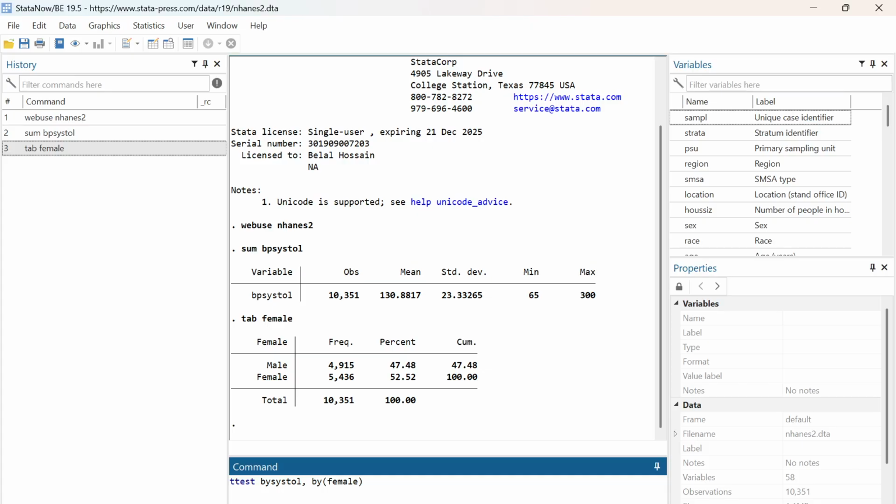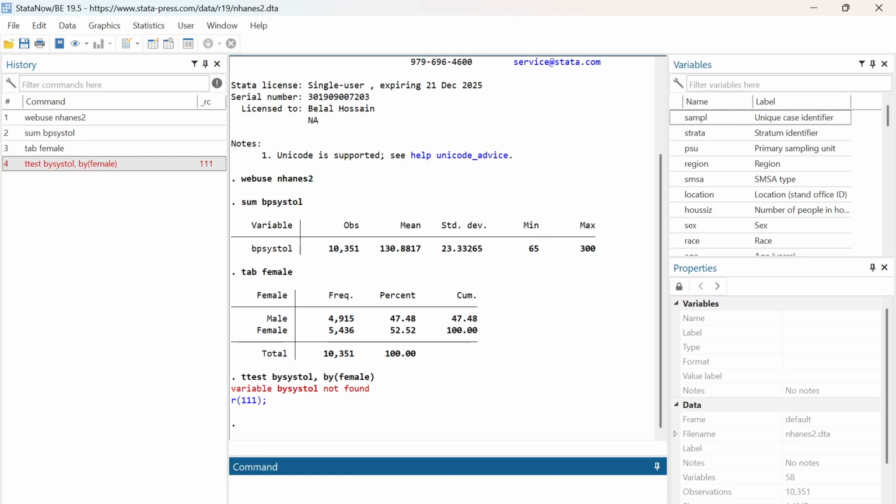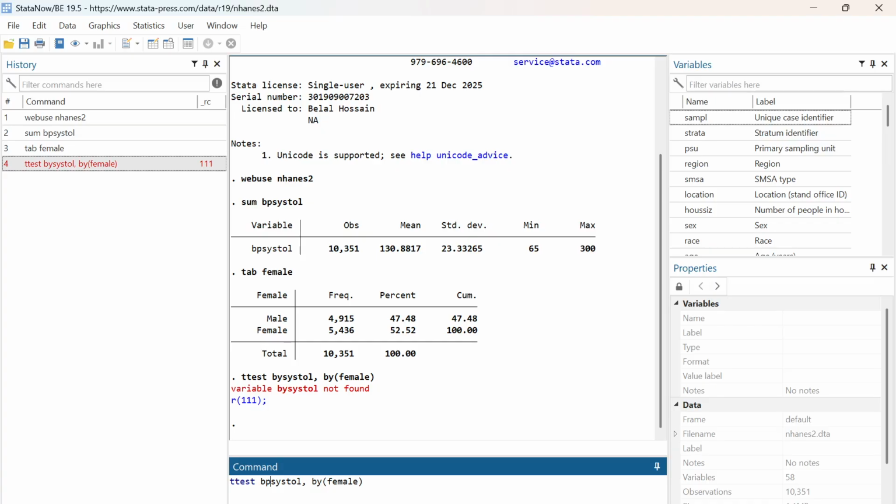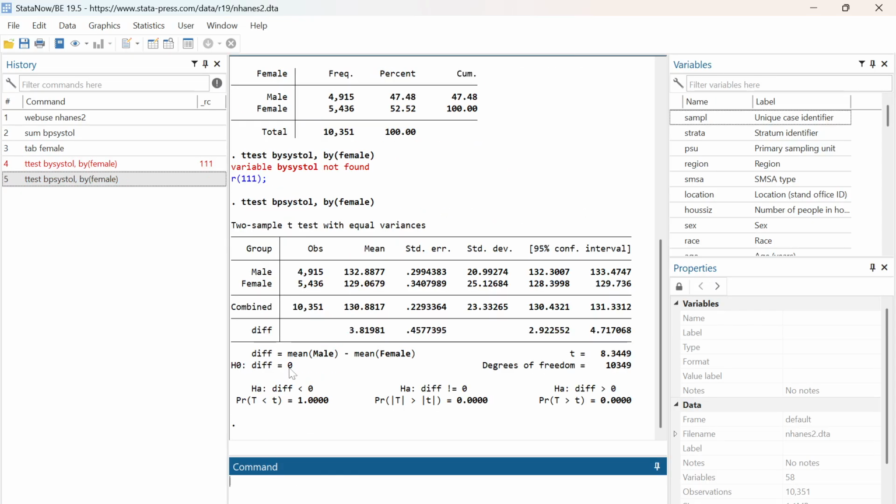Okay, so now hit enter. I think BP systole is misspelled. Hit enter. Yes, now you can see in this table male and female, two different groups. This is the two sample t-test for these two independent groups, right?